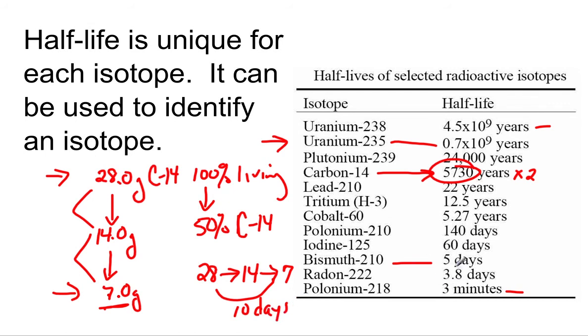So we can use this half-life to figure out how old things are. We can use it to figure out how long it's going to take before it completely decays. We can figure out with some values to start with how long it's going to take to get down to a certain amount, and so forth. So we're going to look at some problems dealing with half-life in a couple minutes.